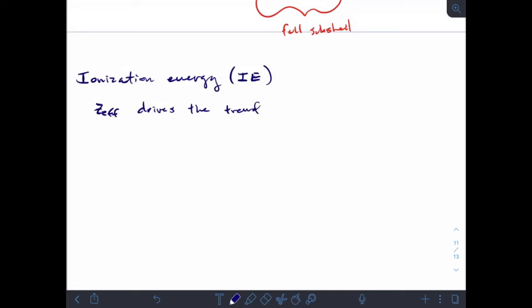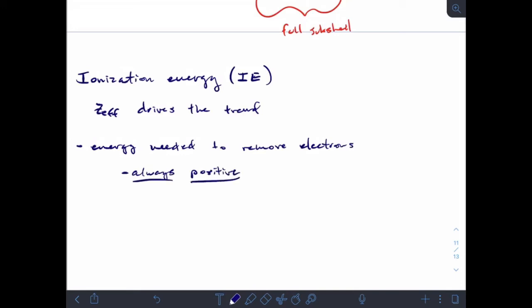Ionization energy is the energy needed to remove electrons. It always takes energy. Ionization energy is always positive. We'll never have a negative ionization energy. It always costs energy to remove electrons.